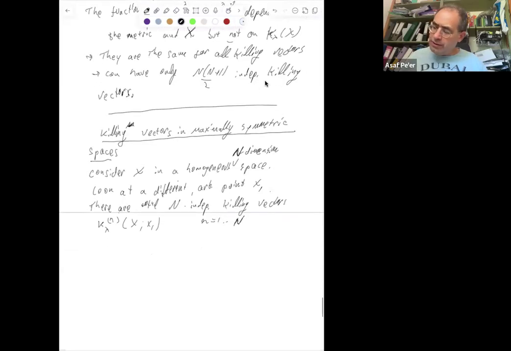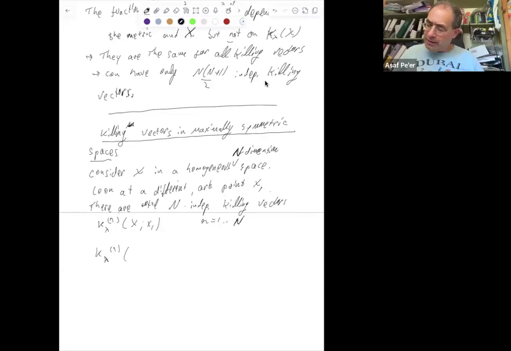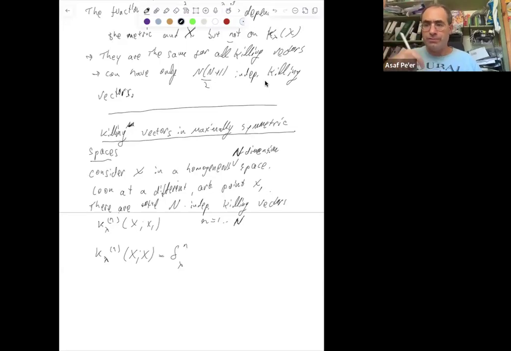So I can always choose these to be k lambda of n at point x to itself. I can simply write it as a delta function, simply unity in all directions. Again, think of translation. If I described the space in a Cartesian coordinate system, it would just be the directions.